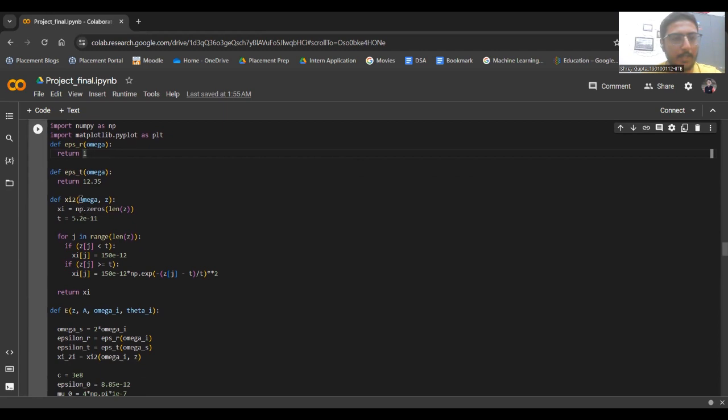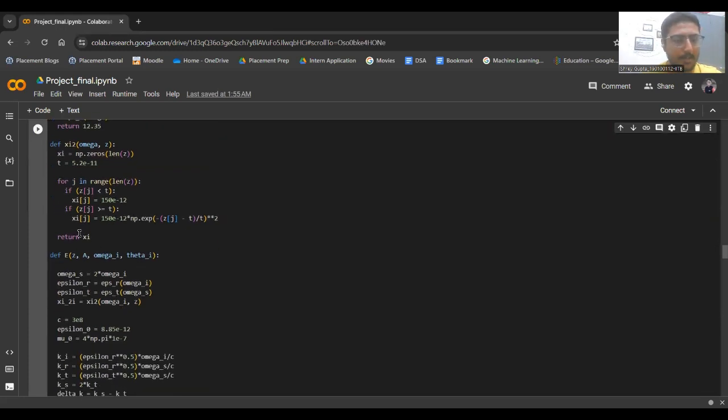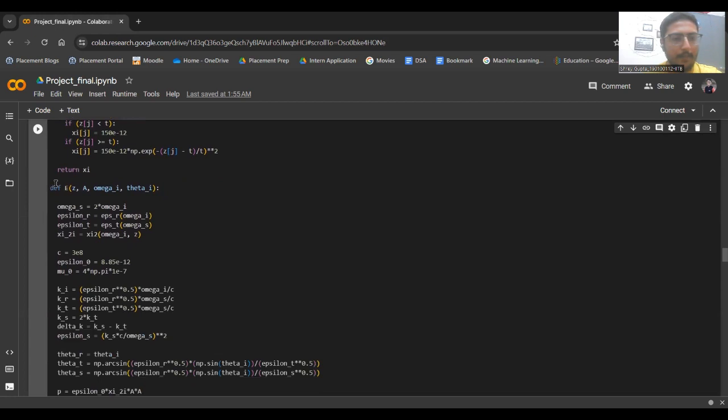And we are defining chi2 as a function of omega frequency and z, of course. Since chi2 is acting within the range of thickness t, for z less than t chi2 is 150 pico, which is for gallium arsenide, and for z greater than t it is exponentially decaying to 0. So this function is returning pi. And another way of defining the function E: z is the direction of propagation, with amplitude, frequency, and the incident angle.